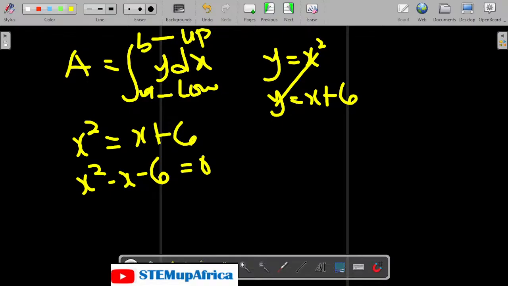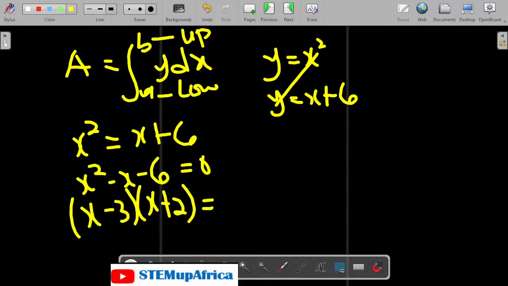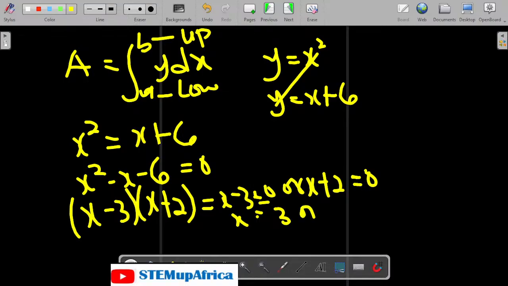Factorizing, I have x minus 3 and x plus 2. So x minus 3 equals 0 or x plus 2 equals 0, giving x as positive 3 and negative 2. Positive 3 and negative 2 will be our x.